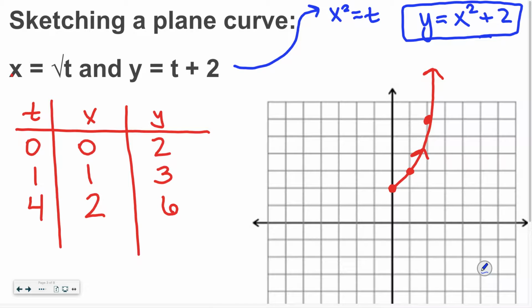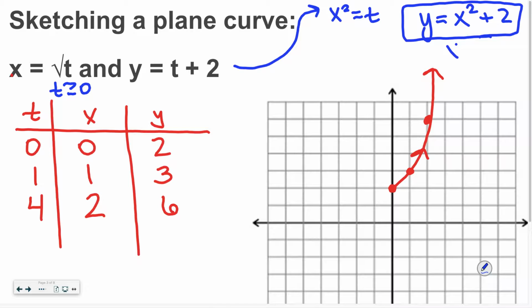However, this looks like a parabola to me, right? Well, we only graphed this. When you have a radical in your parametric equation set, you do need to consider how that would affect the domain. So, we know that t needs to be greater than or equal to 0. When we plug in t equals 0, we end up getting x equals 0. And our x's got bigger.